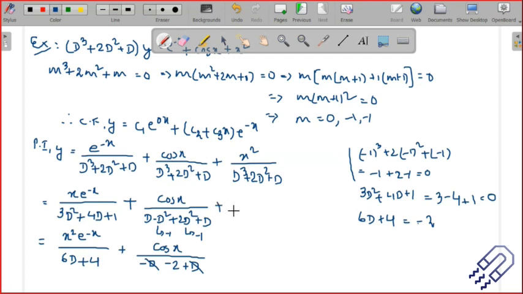Okay, in the third one we actually need to use binomial expansion. So what we can do is, there is a d here. When we want to do the binomial expansion, one of the terms should be 1, right? We already know it. So you can take d common.